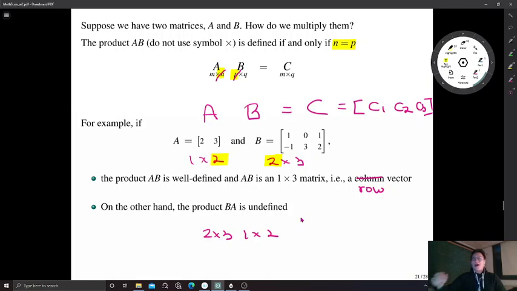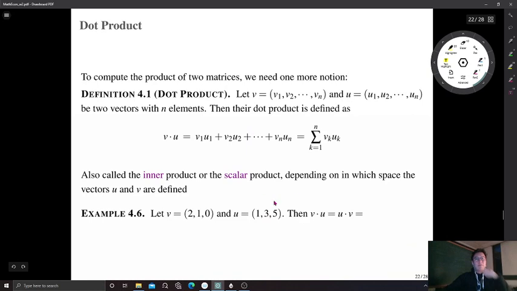All right. Then how do we multiply? So now we know how to determine the dimension of the product. And we studied the conformability condition for when the product is defined. Now, how do you compute the product? That's the remaining question. But to compute the product of two matrices, we need one more notion.